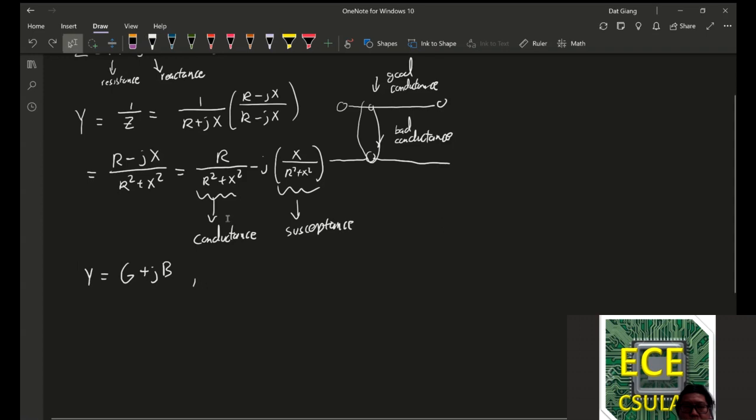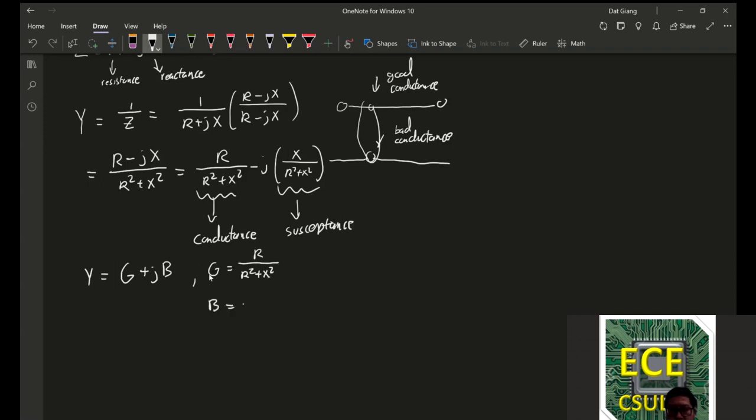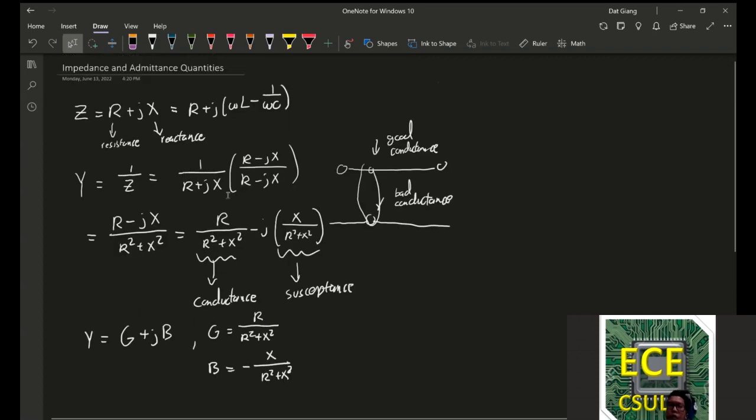But just to keep things consistent, we usually use a plus, where G is equal to R divided by R squared plus X squared, and B is equal to negative X divided by R squared plus X squared. Okay? So those are the different quantities, and there are 6 of them in total.